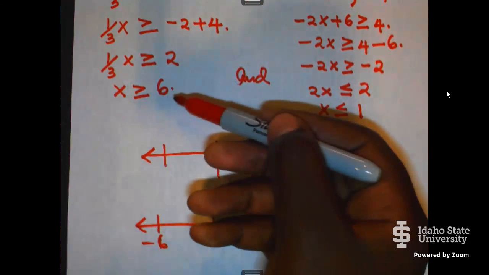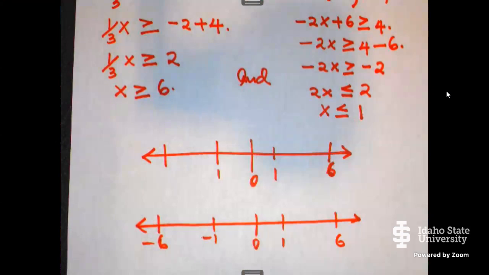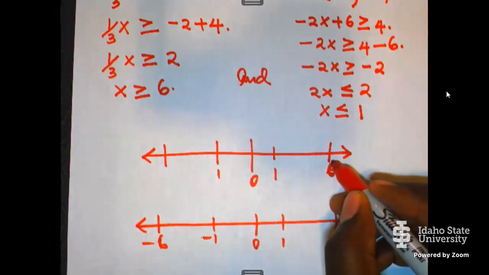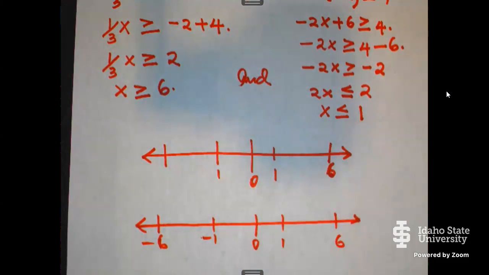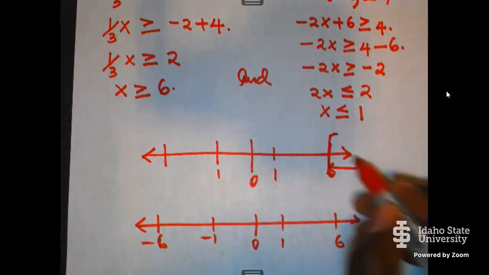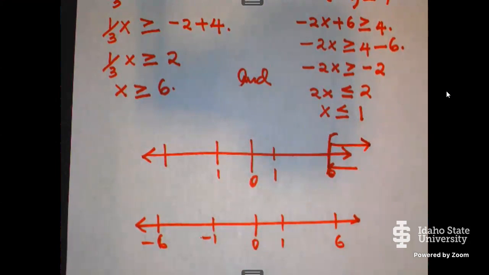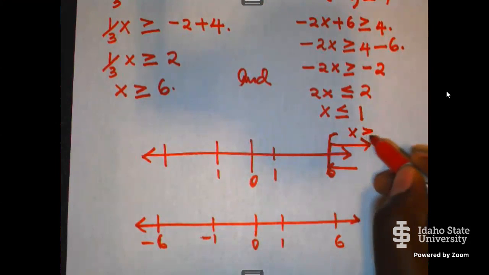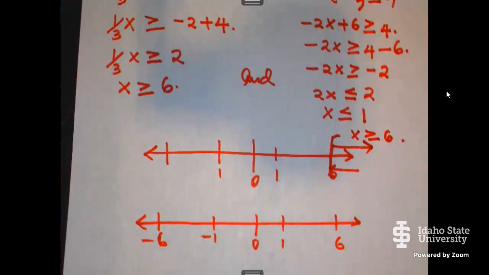So x is greater or equals to 6. So we have here 6. So x is greater or equals to 6. So that means it goes where? That direction, right? So this is x is greater or equals to 6.